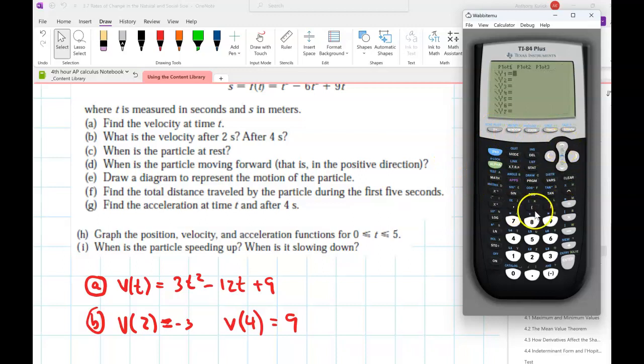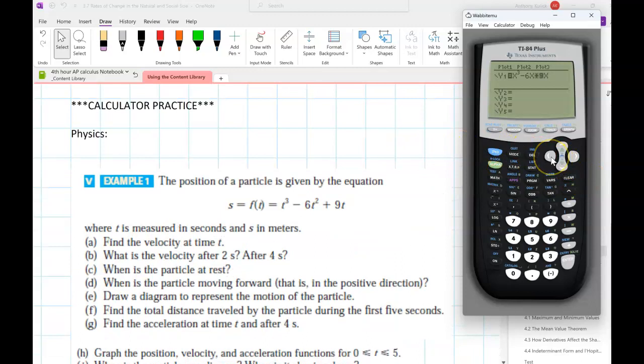So what I might do instead is start with that original function and type that into the y equals menu. Oops, that's 9 or 6x squared. There you go. And then I'm going to exit out of there.